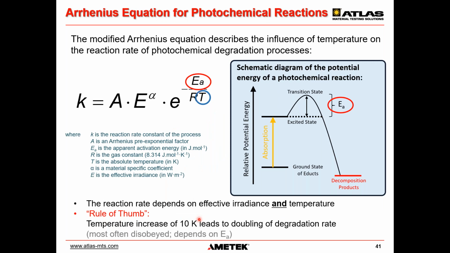Why are temperatures so important? Very briefly, temperatures influence the reaction speed. And this also applies for degradation reactions, photochemical degradation processes. The higher the temperatures, the faster the degradation.